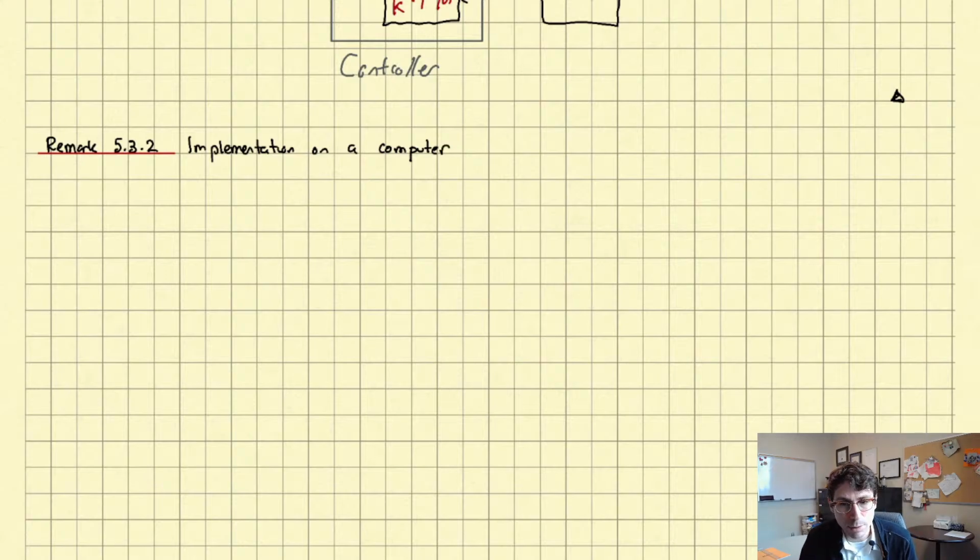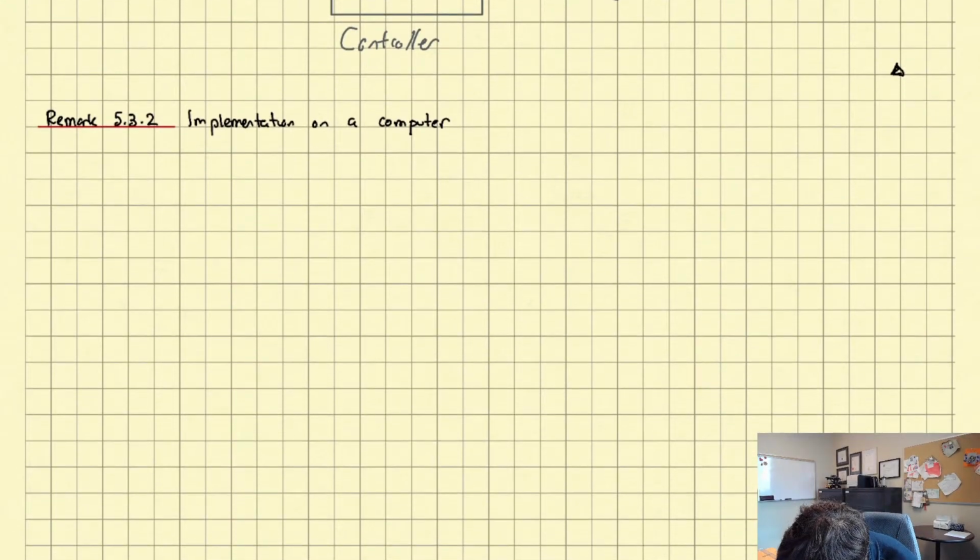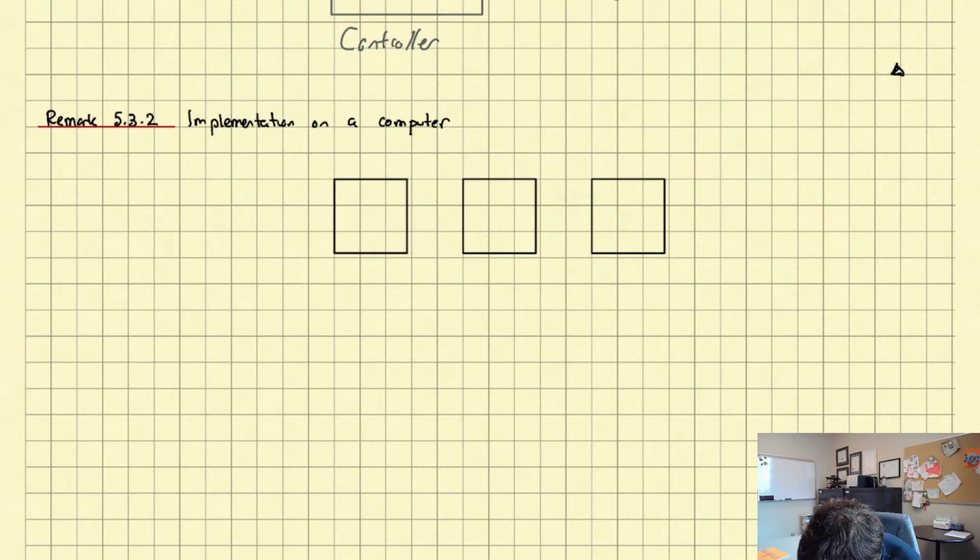Okay, and I'm going to basically zoom in on the cancellation part of the above block diagram. And so I'll remind you of what that looked like. Okay, so we have these three blocks.